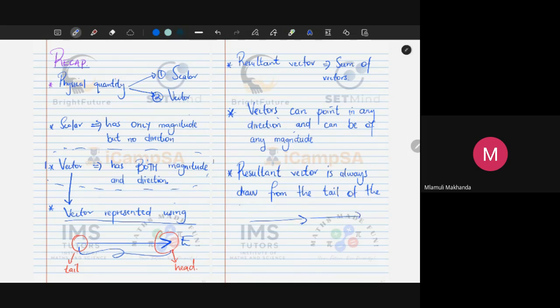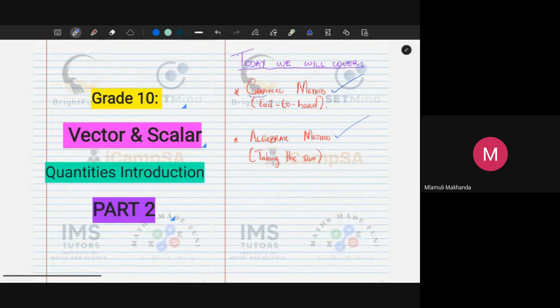Tail of the first to the head of the last. But we'll show you now. Tail of the first vector to the head of the last vector. This is the rule of the tail to head method, which is the graphical method.